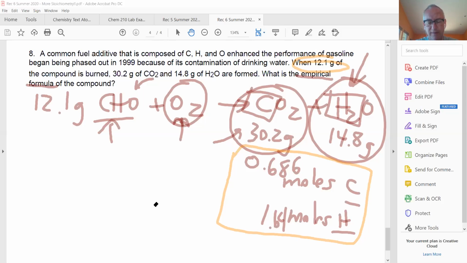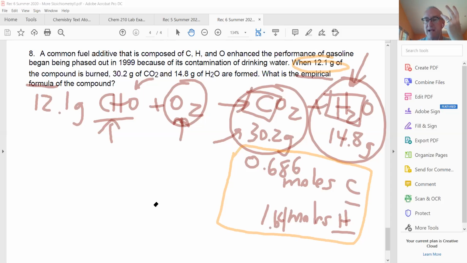So yeah, go ahead. Okay. So for example, for the moles, 0.686 moles, you can multiply it by 12. Based off of how many carbons we have? Exactly.